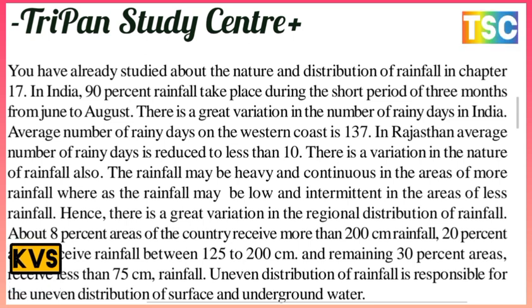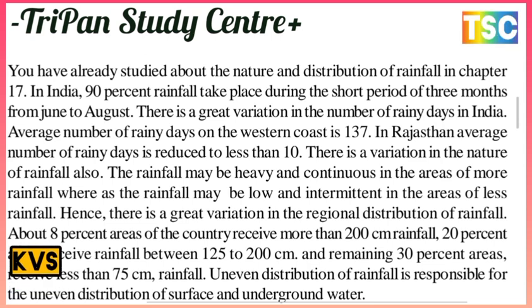There is a variation in the nature of rainfall also. The rainfall may be heavy and continuous in areas of more rainfall, whereas it may be low and intermittent in areas of less rainfall. Hence, there is a great variation in the regional distribution of rainfall.